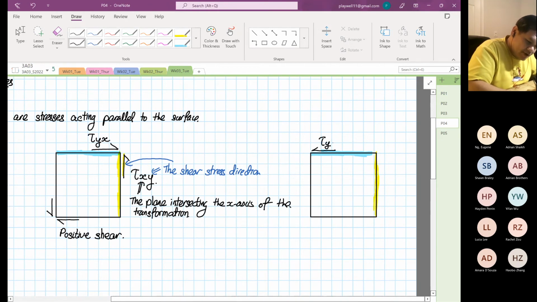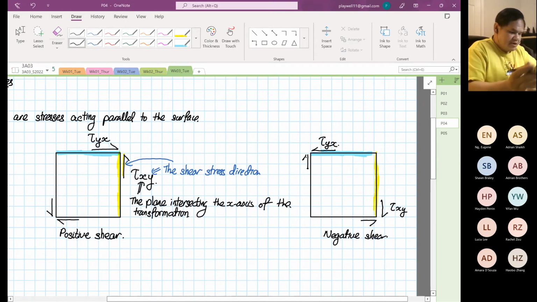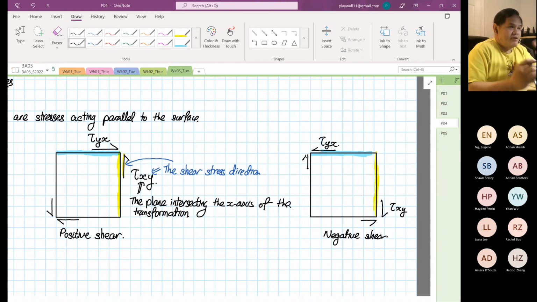The intersecting plane is y, the direction is in the x, and this is shear xy. Then again, you have to draw the other arrows. So this is what we call negative shear. I just introduced to you what is positive and negative shear. Later on, when we deal with Mohr's circle, this is very critical. For now, it's just an introduction.